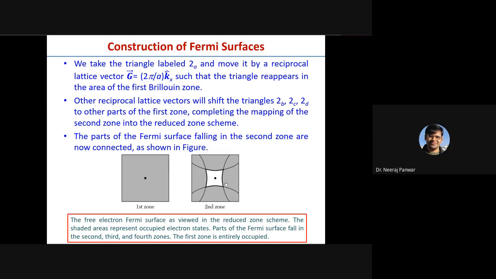These represent the electron-like states, represented by gray color, and the white region represents the hole-like states. And you see they have very sharp corners, and later we will notice that when we apply the periodic potential, their corners will not be as sharp. They will form a rounded shape.